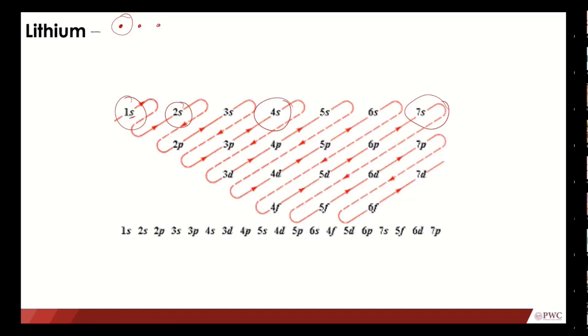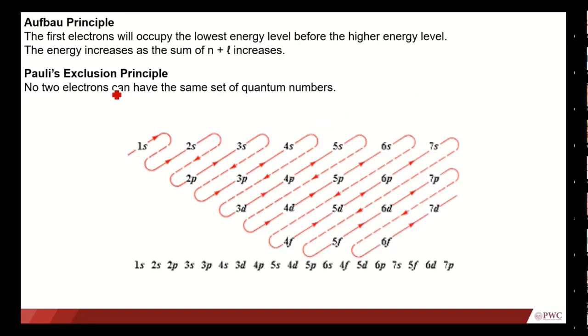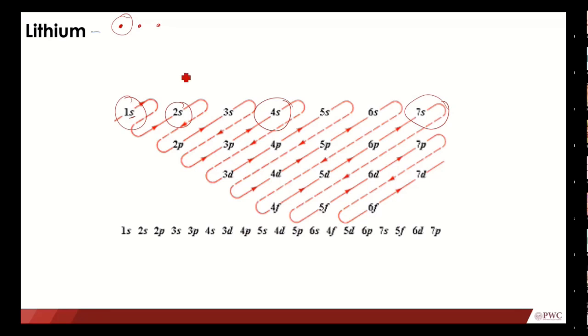Okay, so here, according to the Pauli's exclusion principle, no 2 electrons can have the same set of quantum numbers. So let's say this first electron will occupy the first energy level on the S sublevel. So here we have 1 electron. What about the second electron? Where can we find the second electron?